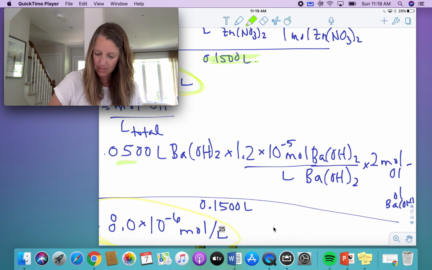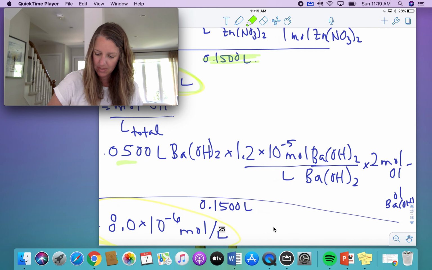What is the stress placed on this equilibrium system? Well, it's because you had magnesium nitrate. So the magnesium ion, that's the common ion in this equilibrium. In other words, what's the stress? An increase in the concentration of the magnesium ions. It's going to shift the equilibrium. Which way? Here's your magnesium.